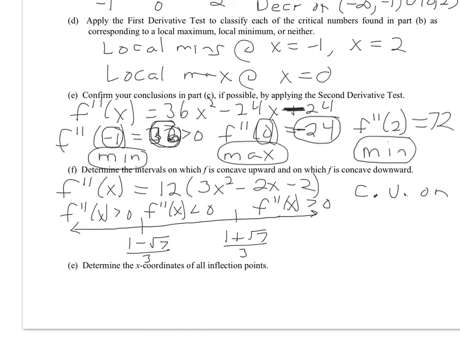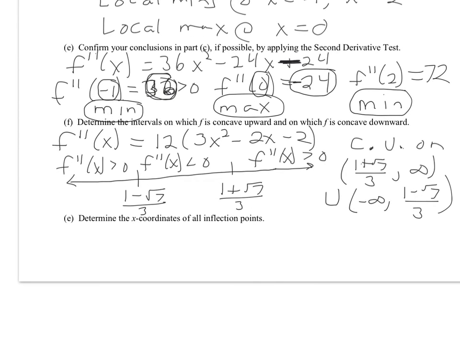So it's concave upward to the right of 1 plus root 7 over 3 and to the left of 1 minus root 7 over 3, and it is concave down when x is between 1 minus root 7 over 3 and 1 plus root 7 over 3.